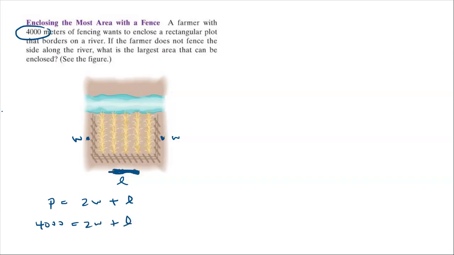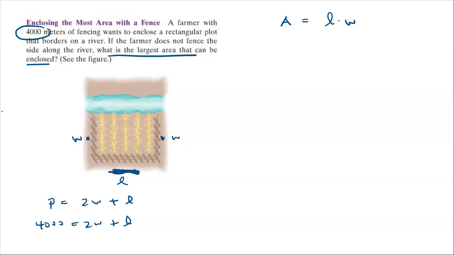So again, this is one of the equations that we need. The other one that we need is the area, because it's talking about what is the largest area that can be enclosed. So A is equal to L times W. Now we follow what we did last time.